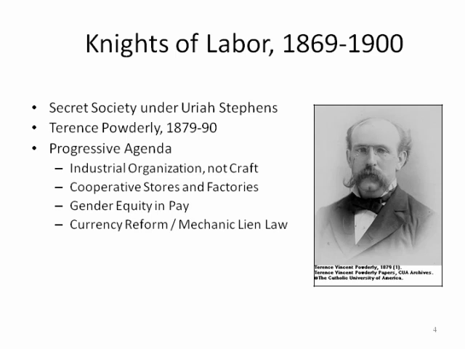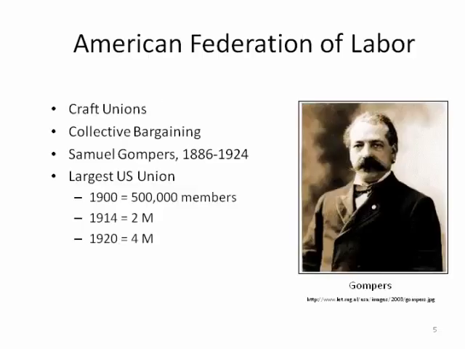The Knights of Labor peaked in their membership at about 702,000 in 1886, but declined pretty quickly after the Haymarket riots in Chicago of 1886. We'll talk about Haymarket in the next lecture. Another kind of union is one that we still have with us today.